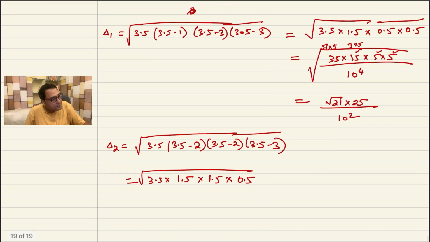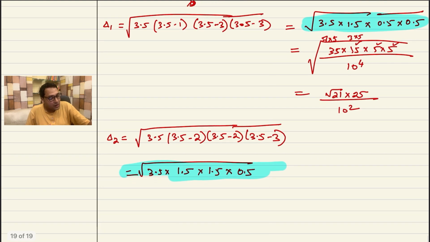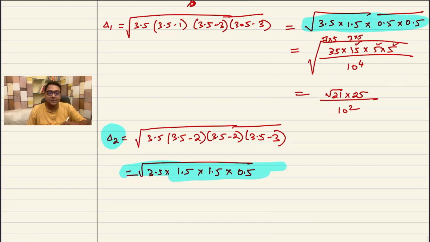You can easily compare these two now. Here we have 2 0.5s. Here we have 2 1.5s. Clearly, this second one is bigger. So it's quite simple from here. Once you do the calculation, you don't even have to simplify. You can do it in a very straightforward manner, just by comparing the stuff inside the square root.